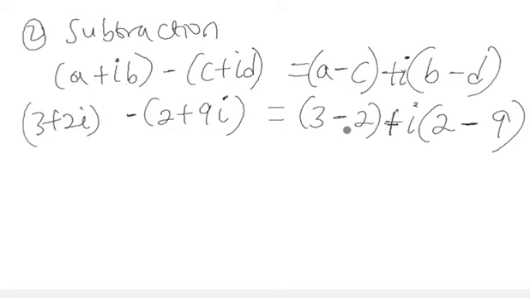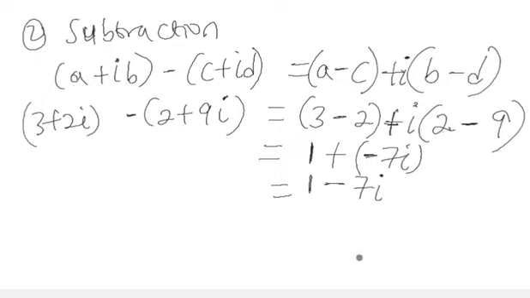Because we're adding the real part to the complex part, but the subtraction is based on the common factor. So real we subtract real, complex, sorry, the imaginary we subtract the imaginary. So then we have 3 minus 2, 1, plus 2 minus 9, this gives us minus 7i. So addition multiplied by subtraction has 1 minus 7i.